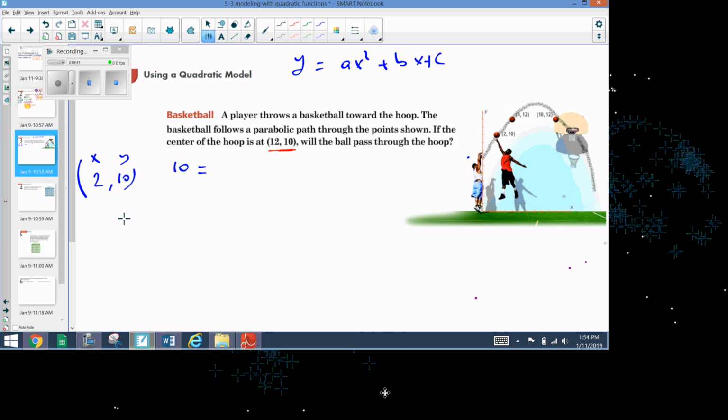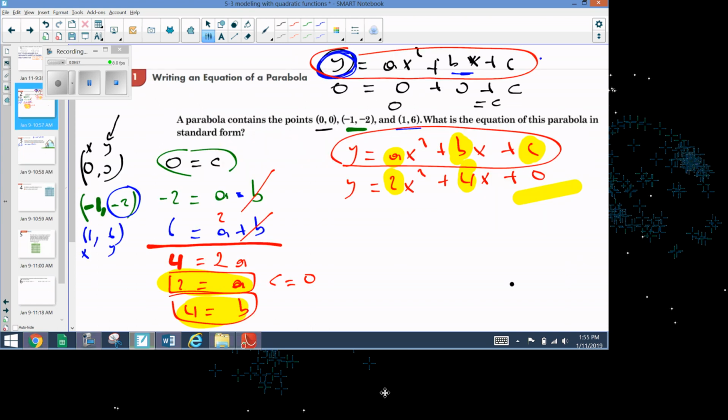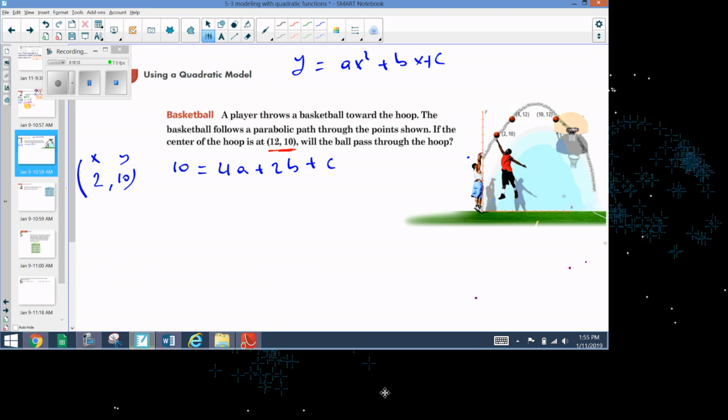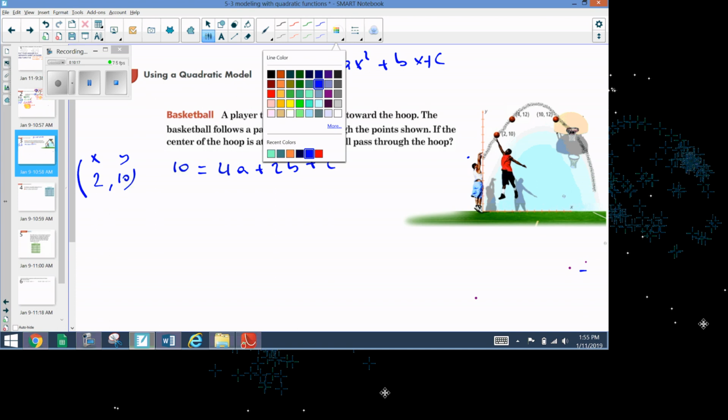X equals 2, so 2 squared is 4a plus 2b plus C. As you guys see, this is really one step harder than the previous one, because in the previous question we just counted C as 0 and then we solved that easily. Why did we get C easily? Because the coordinates were 0. That made my C 0. But now I need three equations. Okay, now the second one, 4 and 12.